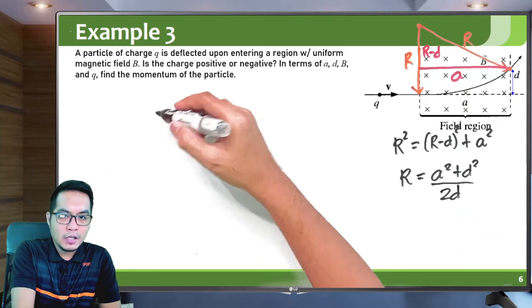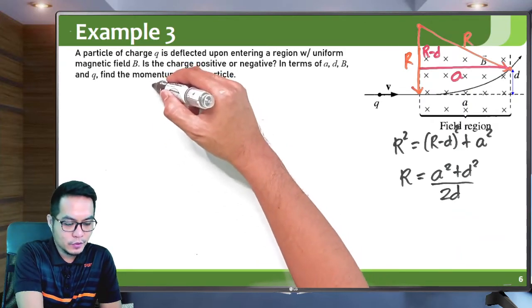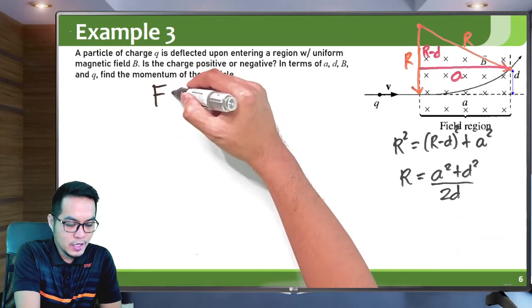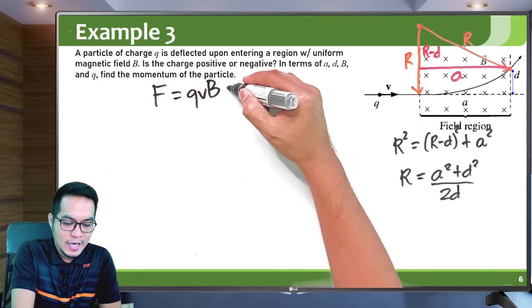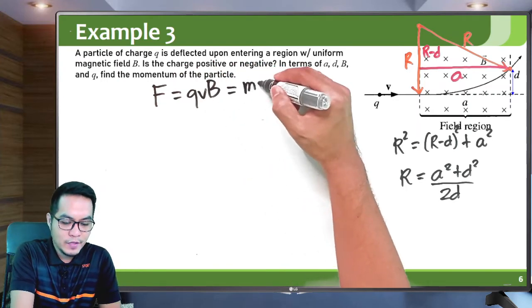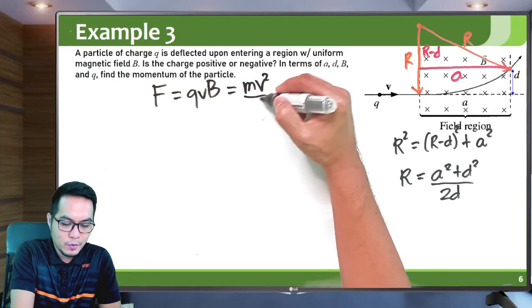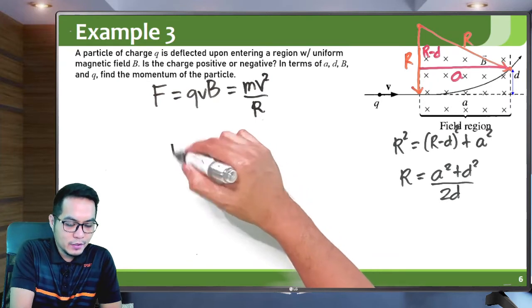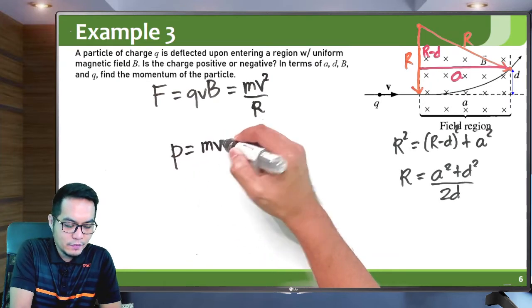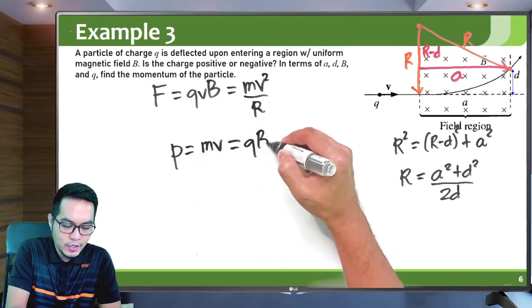Now, going back to the starting point, this force is just QVB. The magnitude of the force is just QVB. And this is equal to the centripetal force, mv squared over R. So meaning the momentum P, which is mass times velocity, is just QBR.